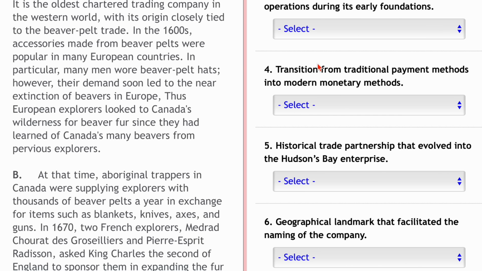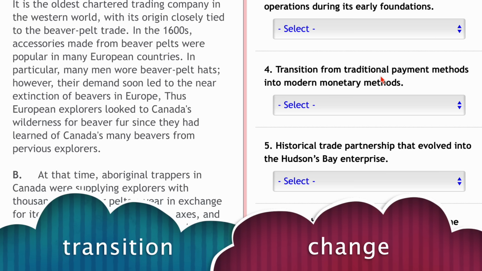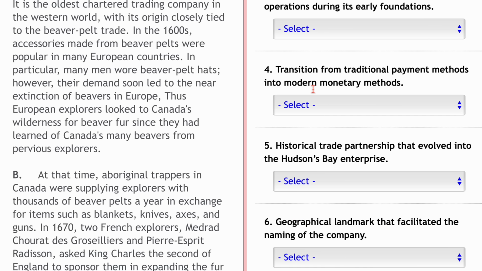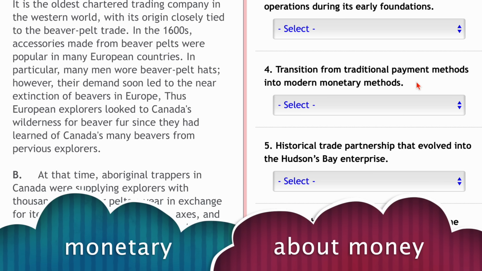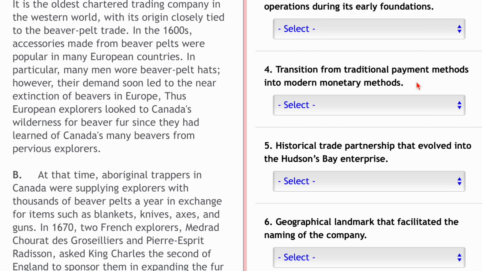Transition, change from traditional payment methods into modern monetary methods, payment methods, monetary about money. So this one means changing from traditional payment methods to modern payment methods. Did it talk about that in A? No, right?